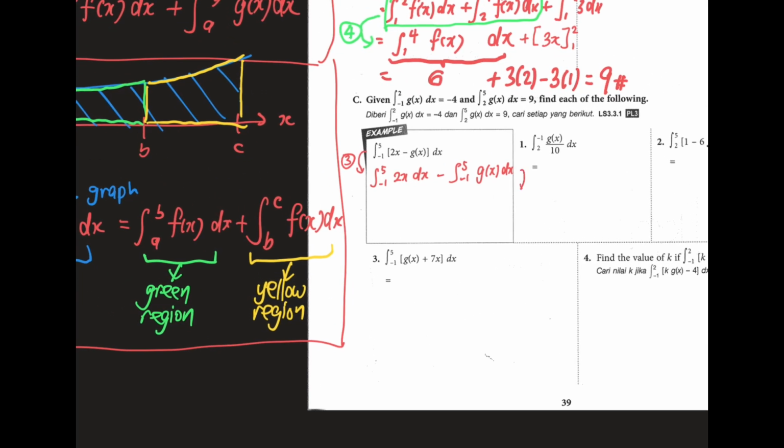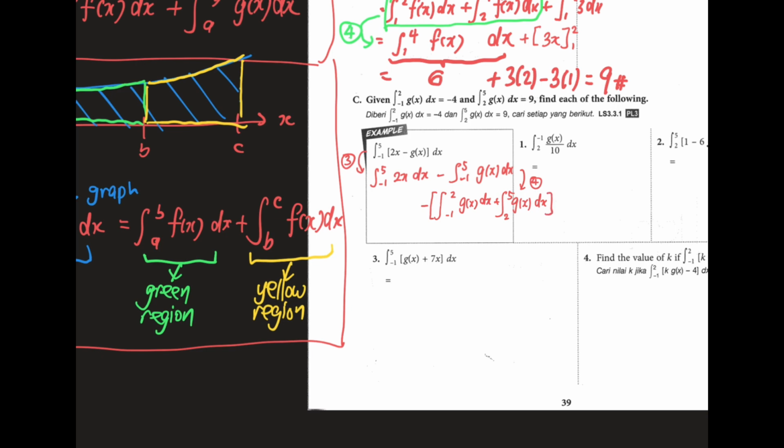Look at the question to get the idea. So we're into this region and that region. Okay, so that is based on formula 4. Based on formula 4, you can break down to 2 regions. Okay, so that means you can break down to -1 to 2 gx dx, 2 to 5 gx dx. Break down to 2 regions.